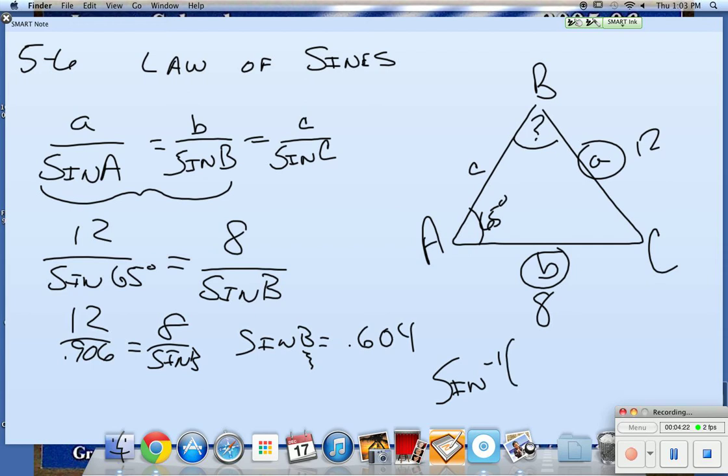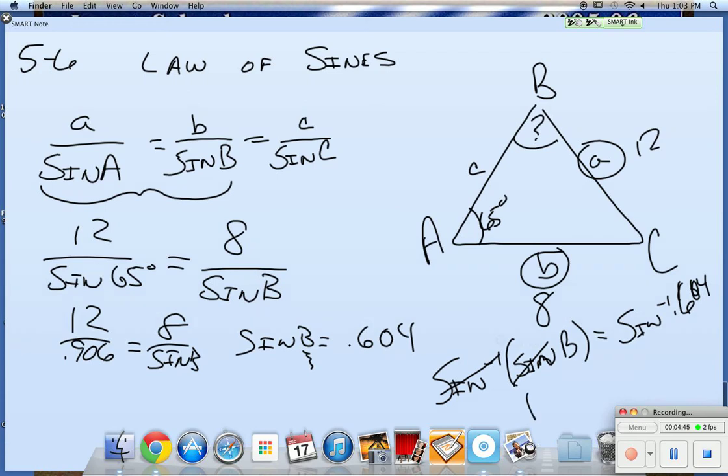So if we took inverse sine of both sides, sine B equals inverse sine of 0.604. This inverse sine and sine cancel each other out. All right? So you end up with, I'm running out of room here, B equals the inverse sine of 0.604.